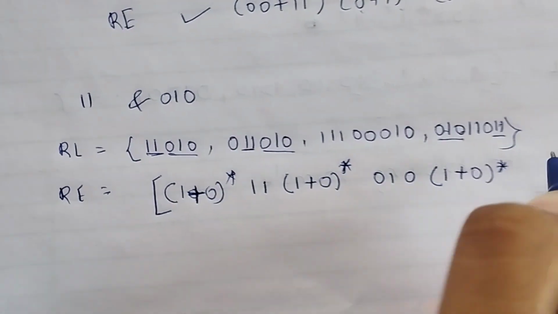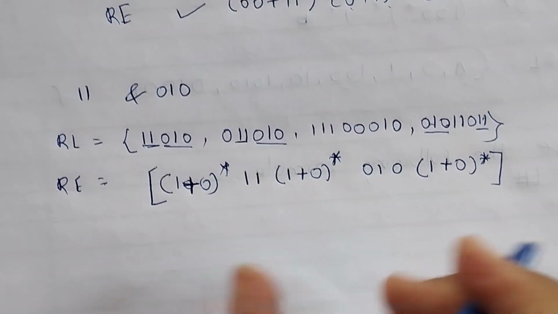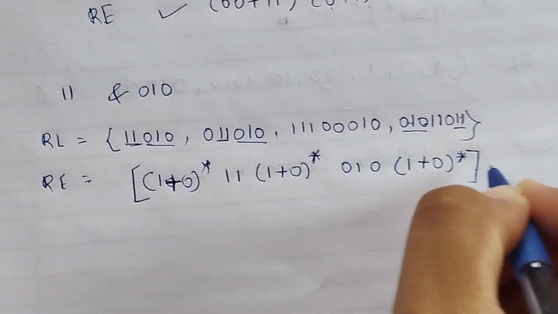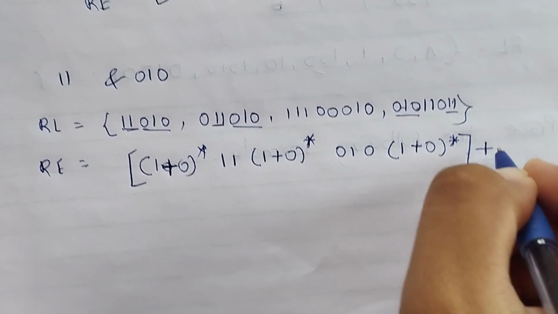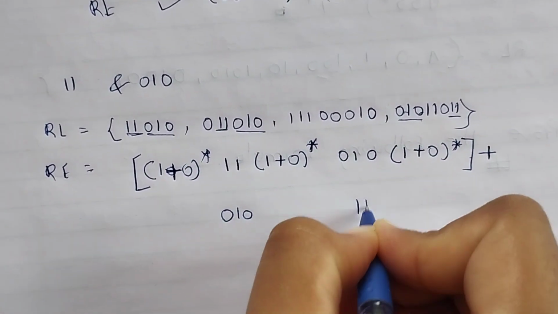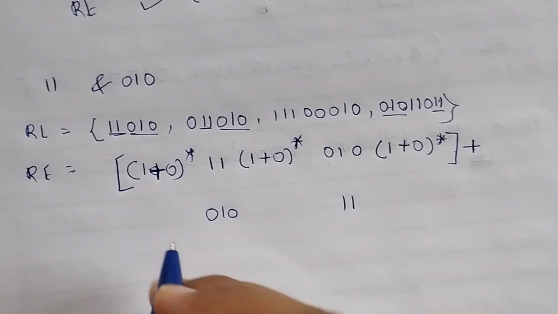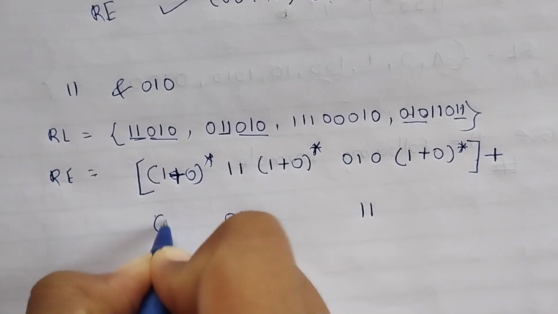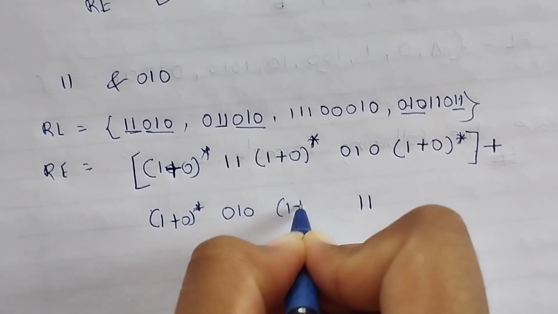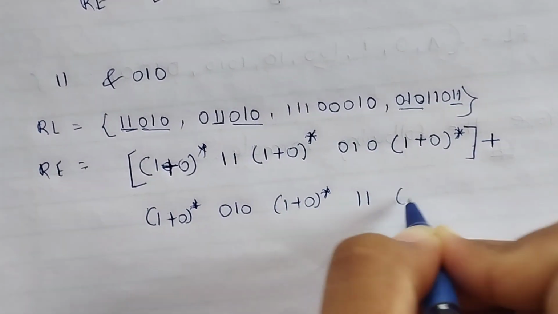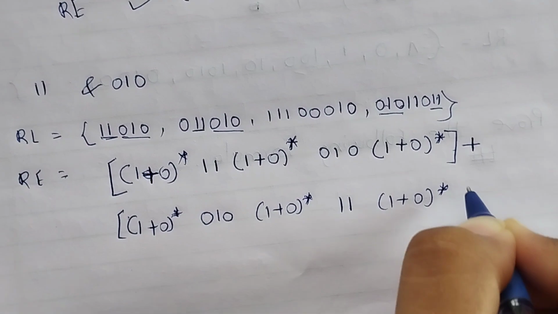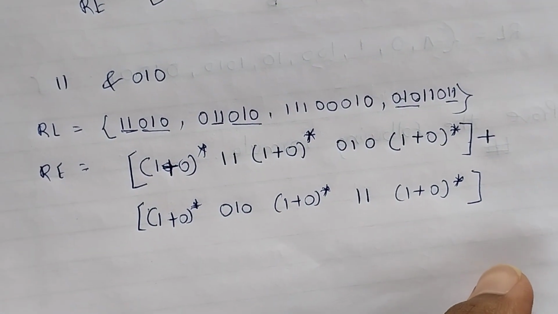So once you write one possibility, you write this string, or here we write the possibility of 0 first and 1 second, and then write everything else as it is, 1 or 0 star, 1 plus 0 star, and 1 plus 0 star. So these are the two possibilities.